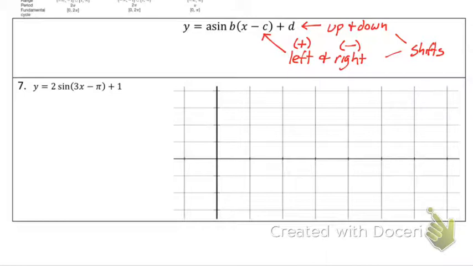That B right there is going to control my period. And right below that, make sure you write that the period is actually 2 pi divided by B. That's why when our B is 1, our normal period is just 2 pi.